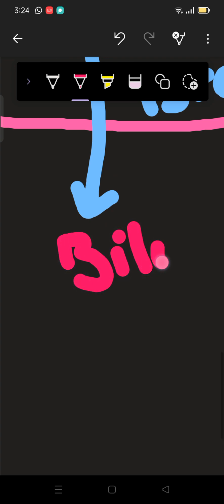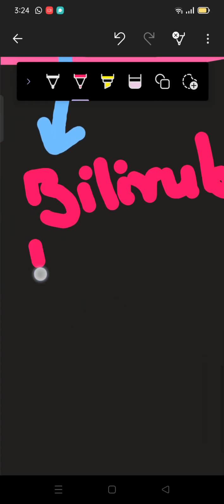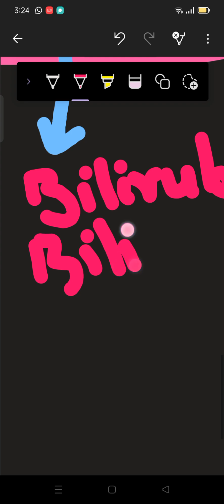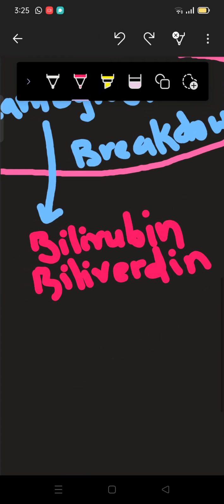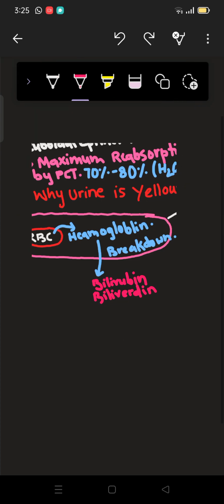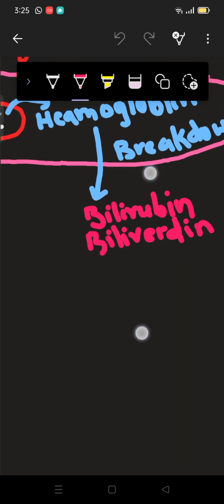So I should write with this color now. Bilirubin, and we do have biliverdin. These are the two pigments made when hemoglobin breaks down.